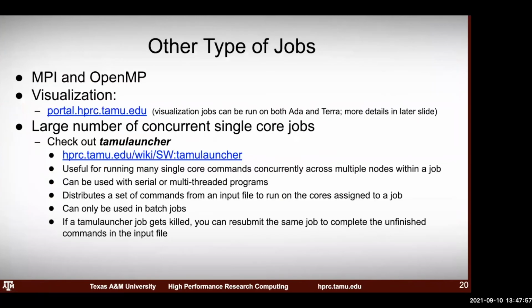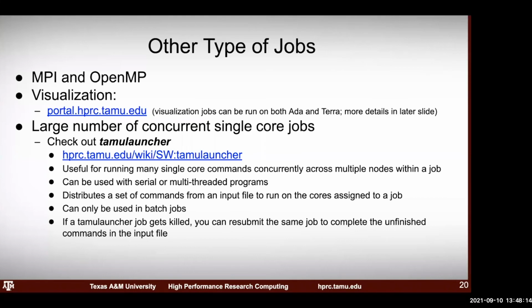Okay, other types of jobs. MPI and OpenMP jobs are going to be your parallel jobs. They're going to be jobs that run across multiple nodes. That's when you need to use a message passing interface to more efficiently communicate between nodes.